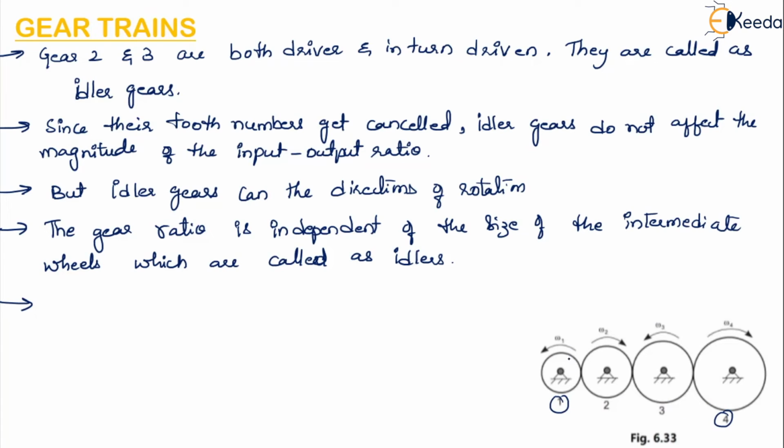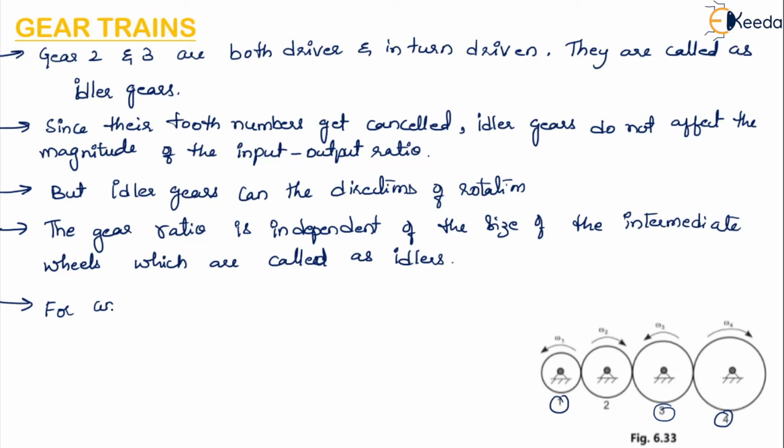If we consider only 3 wheels in this gear train, the first wheel is rotating anti-clockwise and the third wheel is also rotating anti-clockwise. 3 is an odd number, so the first and last wheels have the same direction of rotation.